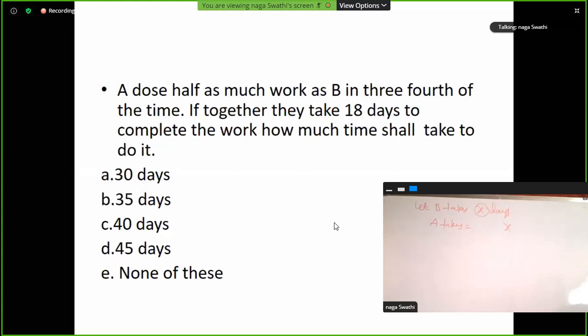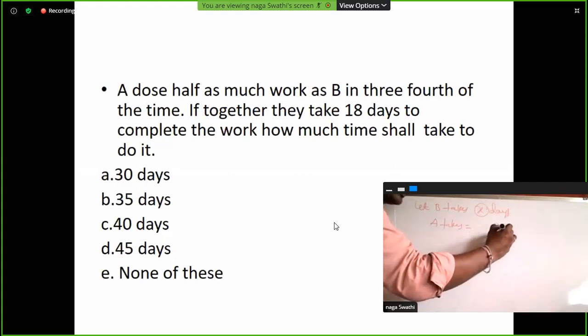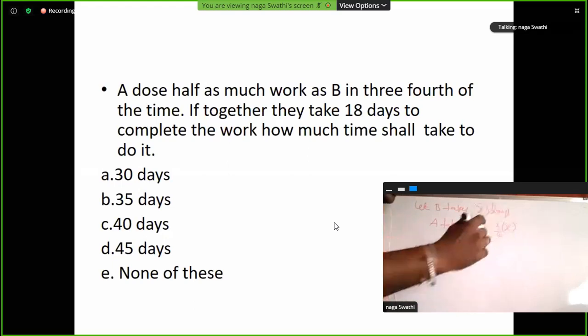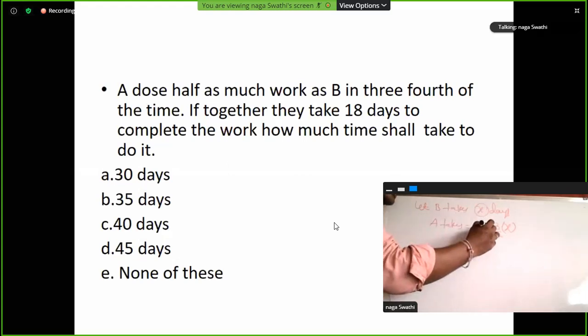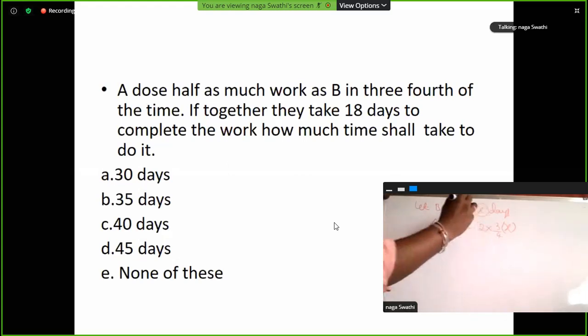A takes 3/4 of the time. A does half as much, half as much means double 2.